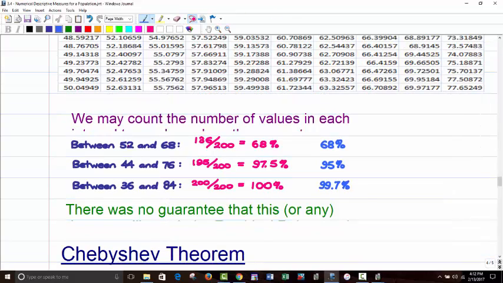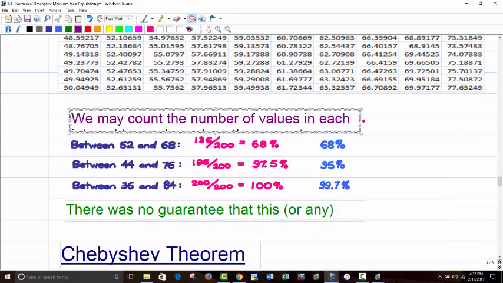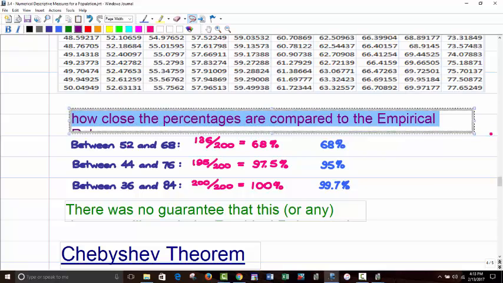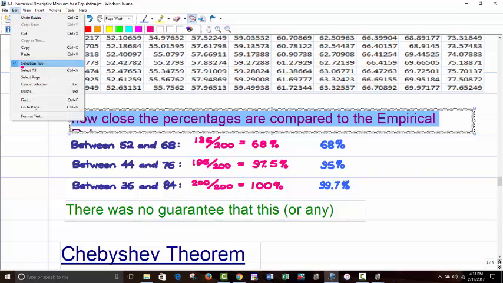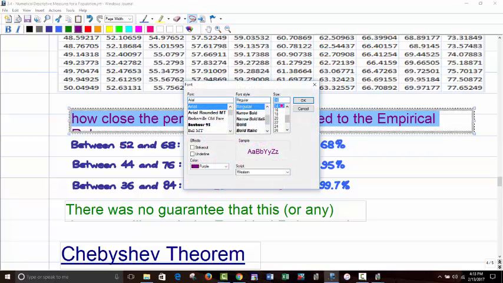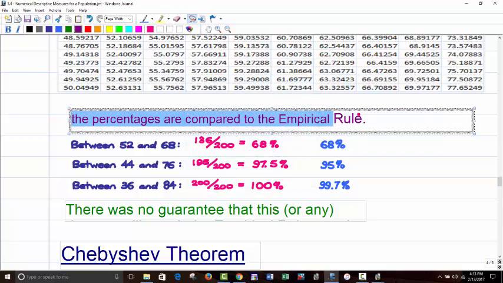Looks like that got a little smashed up there. Let's see. All right, let me fix this. So if I want to count, we have 200 numbers. I want to add up how many are in that range of values for each percentage, and then to see how close they are.